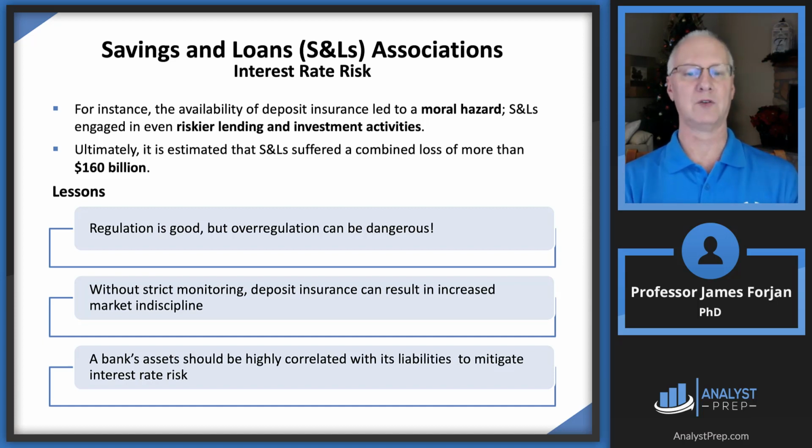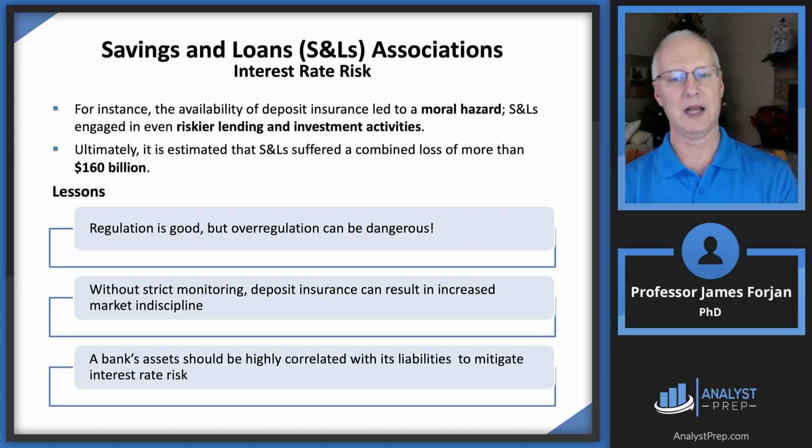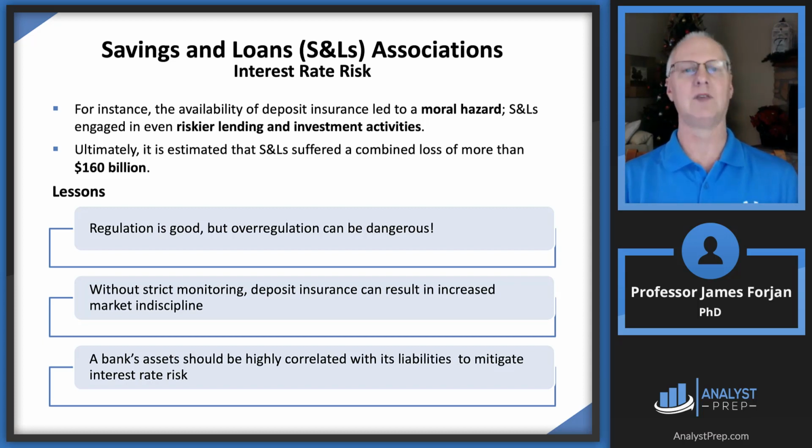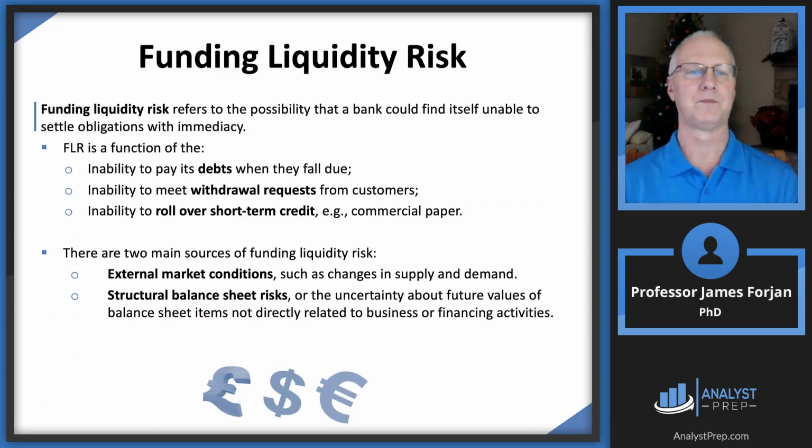In fact, those correlations can be, I imagine in the extreme case, zero, maybe even negative under some cases. But as a good financial risk manager, notice that last point down there: those banks' assets should be highly correlated with its liabilities, so that when interest rates go up, those things move in similar fashions.